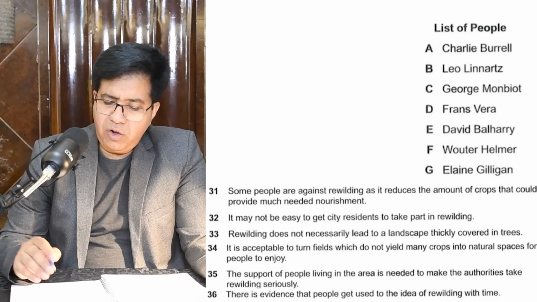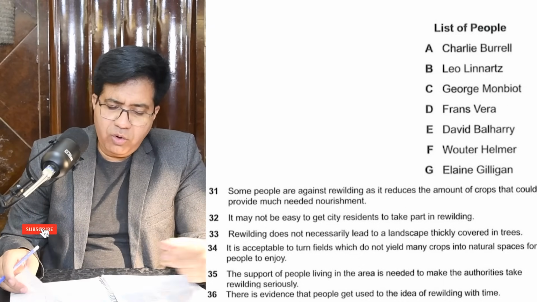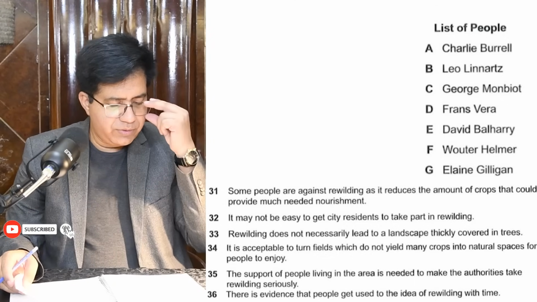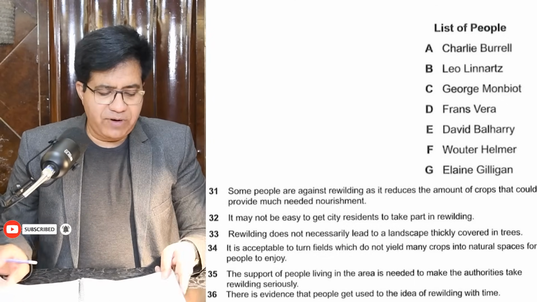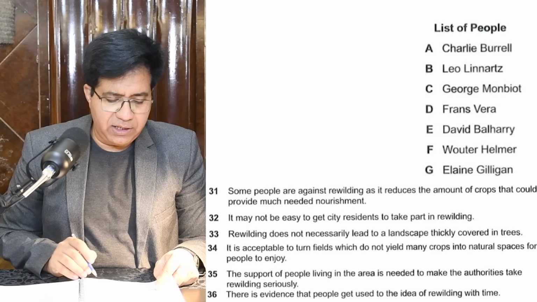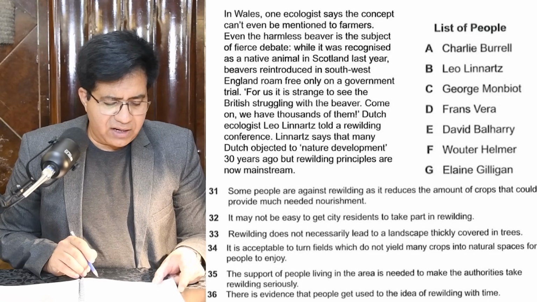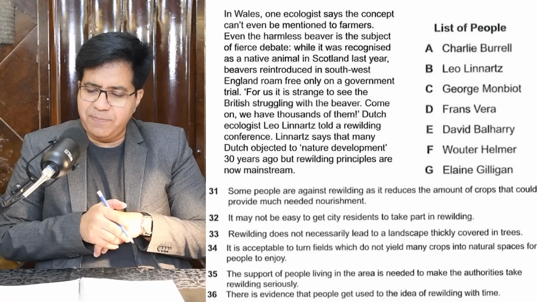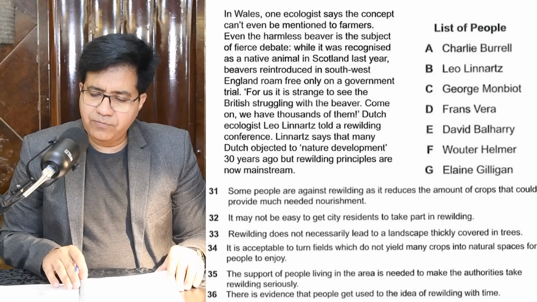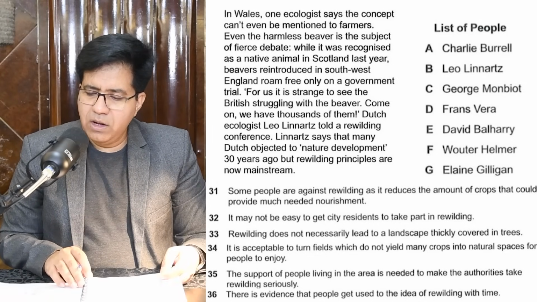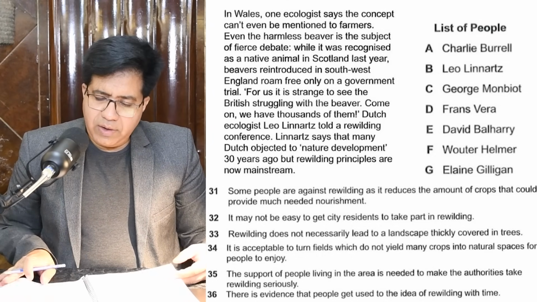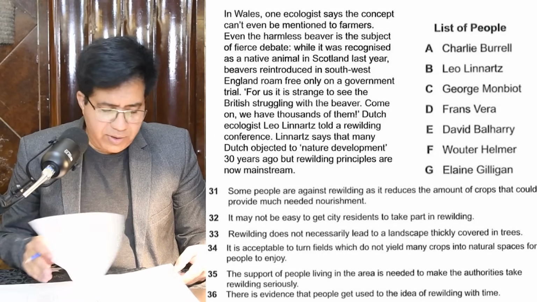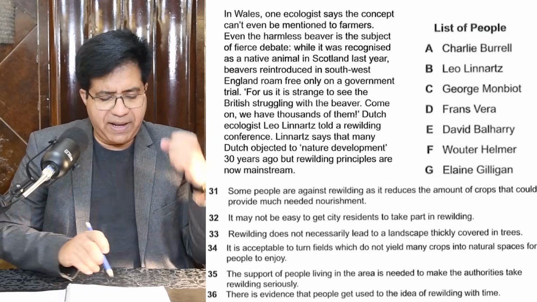Now we go on, option B, Leo. Look for Leo. Where is Leo? Second paragraph. Now we are going to look for his statement. Exactly, second paragraph, and we are going to see where they talk about Leo's statement. All right, yes, we've got this Leo and his statement. So please come to the second paragraph.